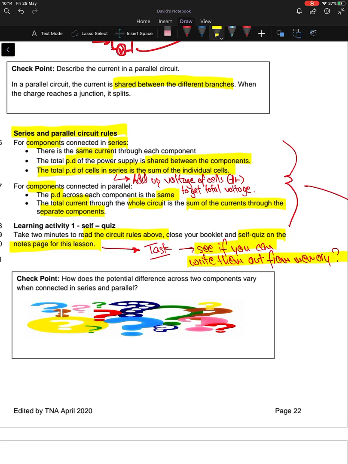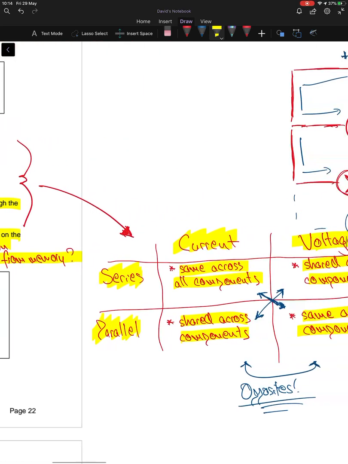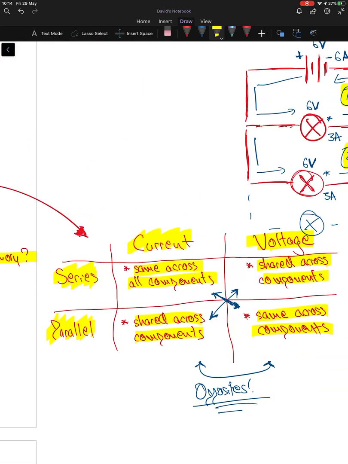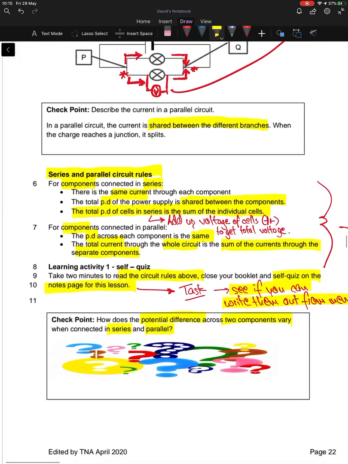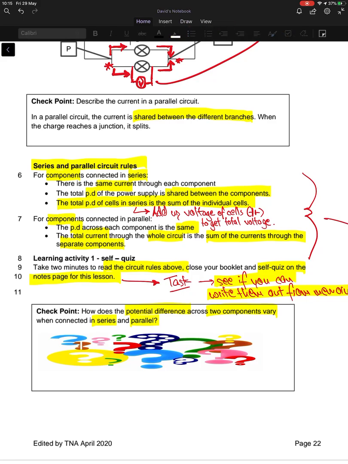Once you've done that, move on to this checkpoint question, which says, how does the potential difference across the 2 components vary when connected in series and parallel circuits? So, how does potential difference vary? In a series circuit, it's shared across the components. In a parallel circuit, it's the same across components.